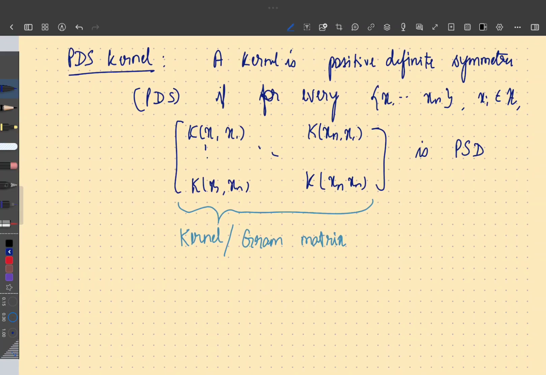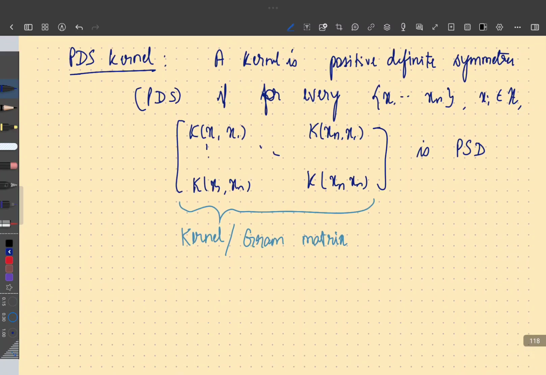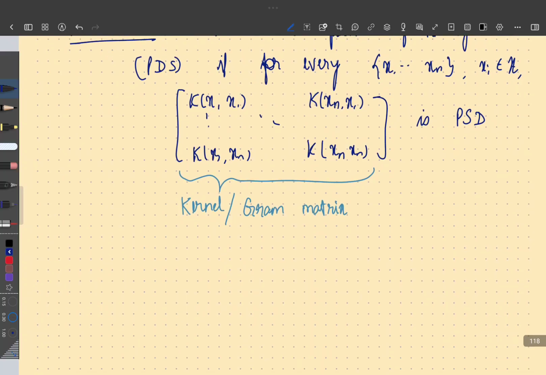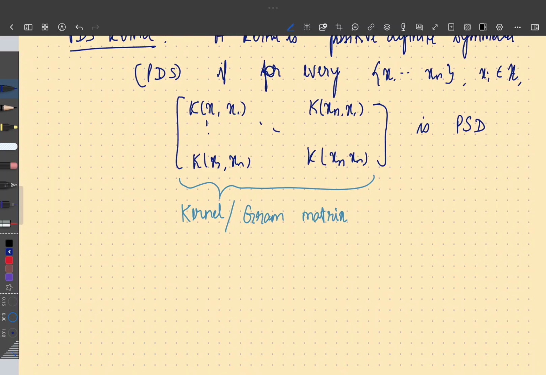So a positive definite symmetric kernel is one for which the Gram matrix is always symmetric, positive semi-definite. Questions?